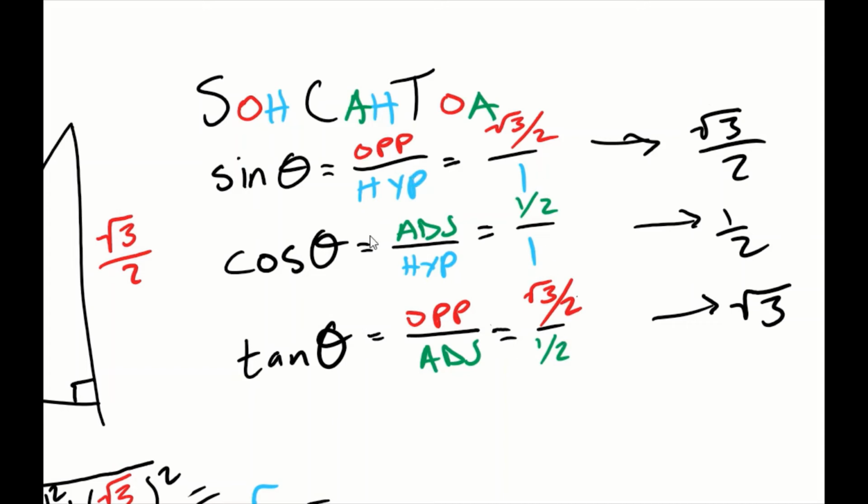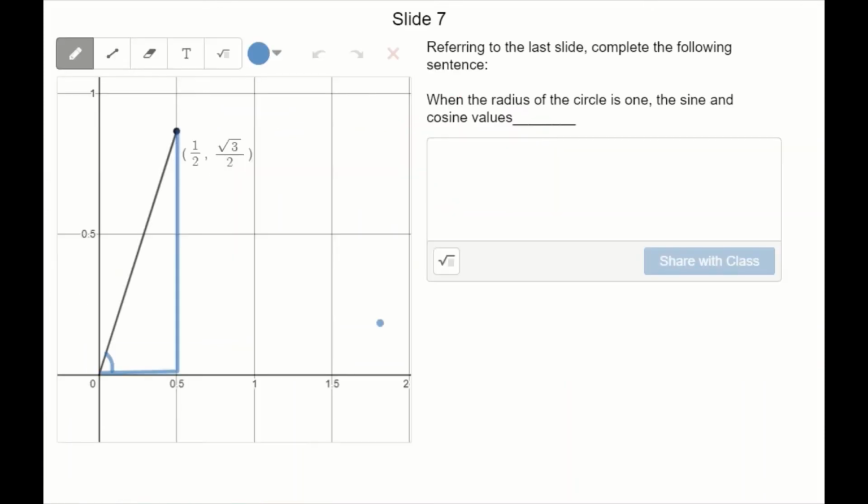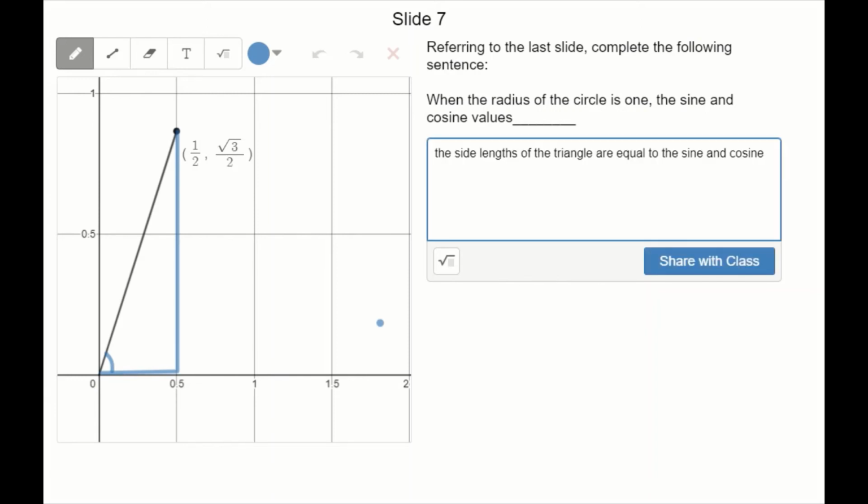And the same thing happened with the cosine with the adjacent value, right? It was 1/2 divided by 1 is 1/2. So the length of the adjacent side is equal to the cosine. So basically, the side lengths of the triangle are equal to the sine and cosine.